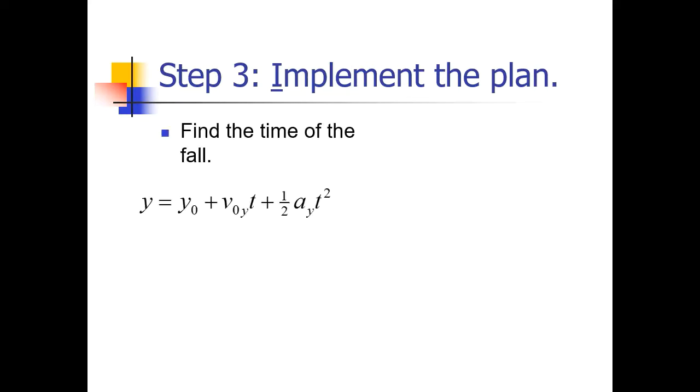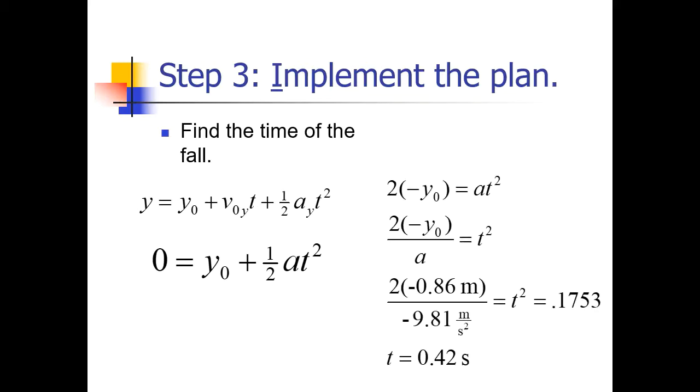So we are going to solve for the time of the fall by using the y equation, as we said. This simplifies a little bit because there is no initial vertical velocity, so it just becomes 0. The final position is equal to the initial position plus 1/2 a t squared. And we're going to solve this for t squared. We always solve our equations before we plug in numbers. That gives us, after we solve it, 2 times negative y naught over a is equal to t squared.